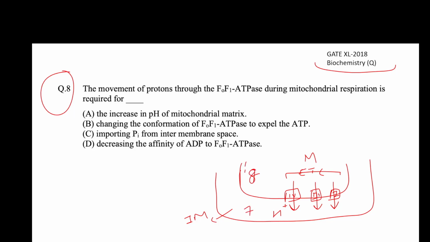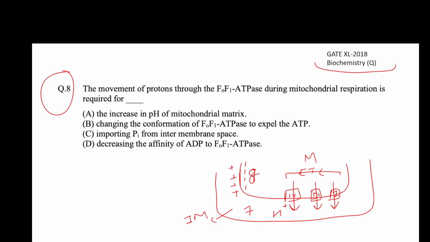So the inner side has more negative charge, and the outer side has more positive charge. This is the charge distribution that happens, and this leads to generation of a proton motive force.